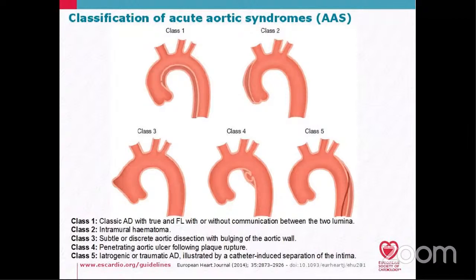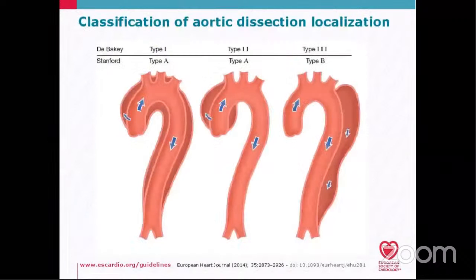And class 5 is the traumatic injury or traumatic aortic dissection, for example, with femoral artery catheterization, using the femoral artery as an access, and you enter the false lumen while pushing the catheter up. You can strip the aorta, and this is a type of traumatic aortic dissection, which is class 5. So we have 5 classes of the acute aortic syndrome.